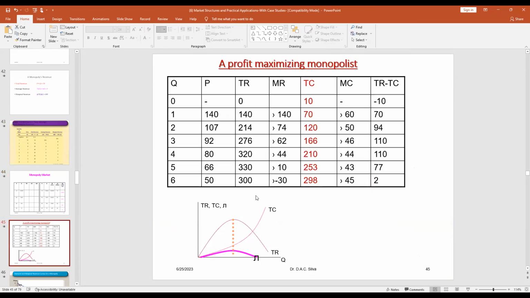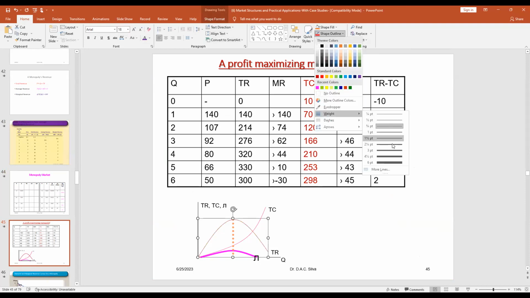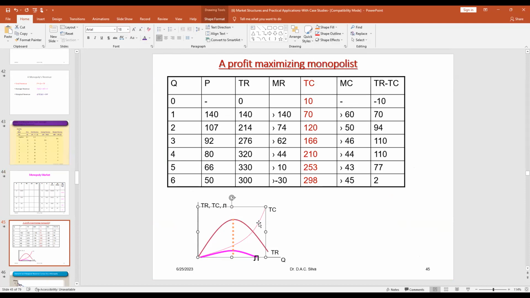If you draw the curve like this, look, TR is going like this, not a straight line like a perfectly competitive market. You must know this, otherwise there will be a problem. This is TR, but TC is the same.